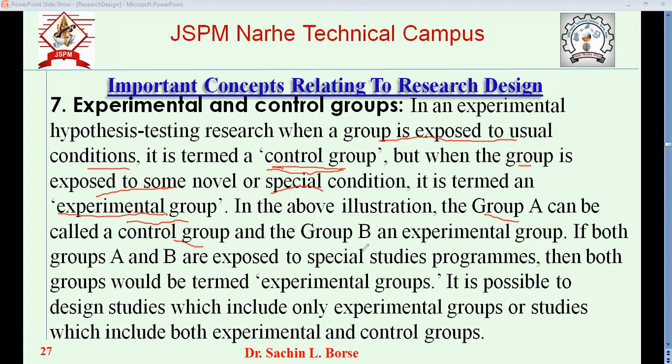And group B, where we applied some special method for improving their performance, is the experimental group. If both group A and B were exposed to the special study program, then both would be experimental groups. But right now only group B is the experimental group and group A is the control group.